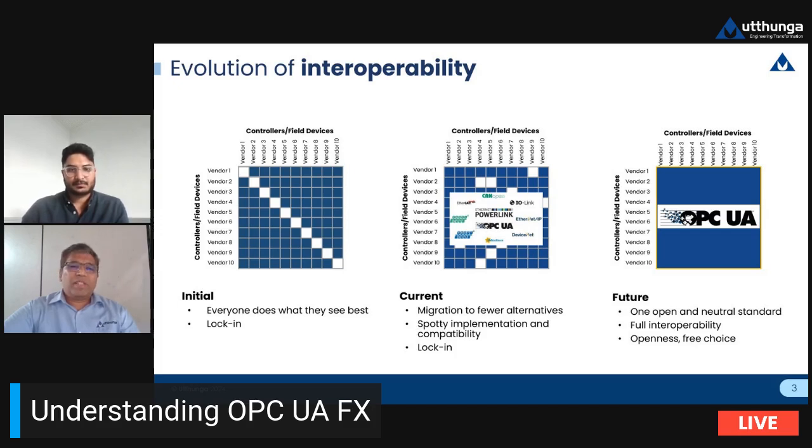Yeah, of course. So from the very beginning, vendors have had their own way of doing things. So in terms of their specific instrumentation, their specific IO module, it only talks to their specific controller. This way, interoperability doesn't exist.